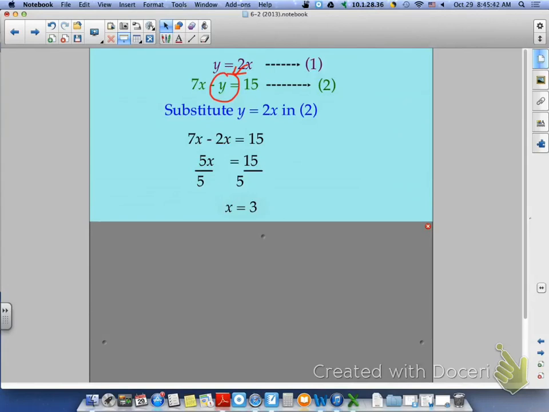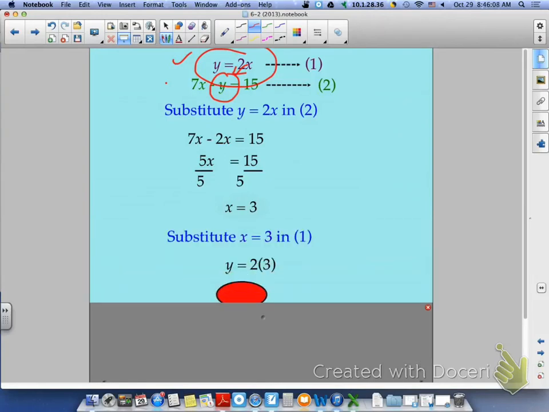You go for the simpler one, right? Because this equation is still in play. We've used that value, but the equation is still in play. So instead of plugging in x equals 3 in equation 2, you can go ahead and do it in equation 1. So y equals 2 times 3, which will give you 6.